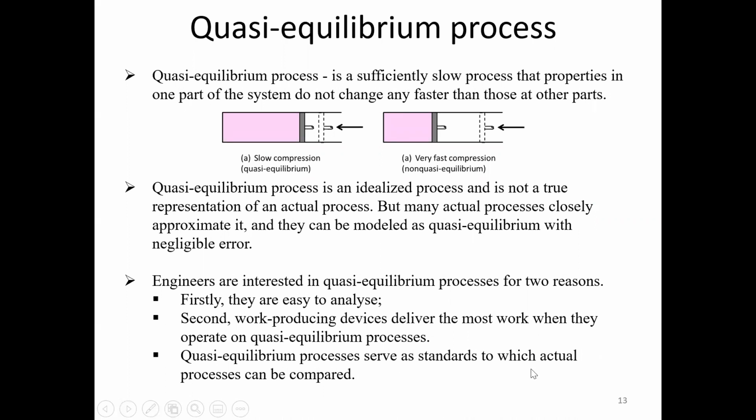And we can compare any actual process, to decide how good this actual process is, by comparing the actual process with the ideal process, which is the Gaussian equilibrium process. Okay, so these are actually the reasons why we sometimes use the Gaussian equilibrium process.